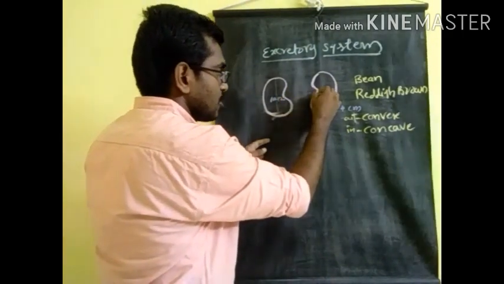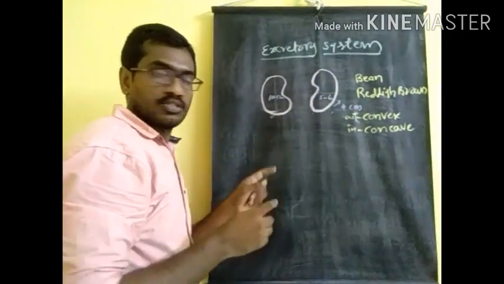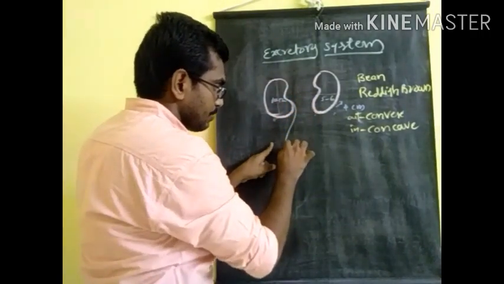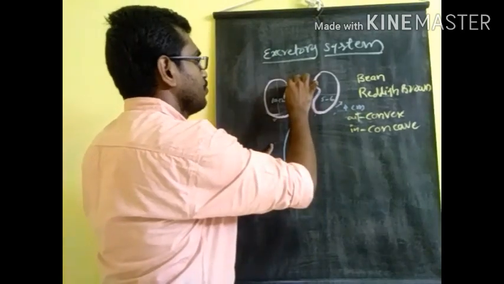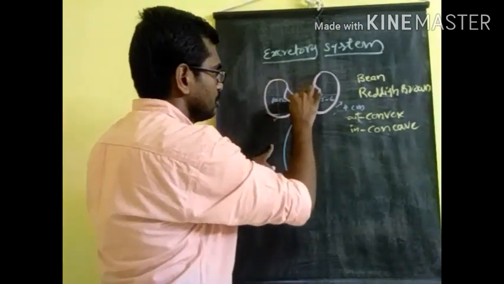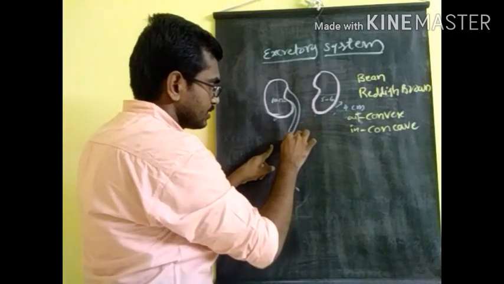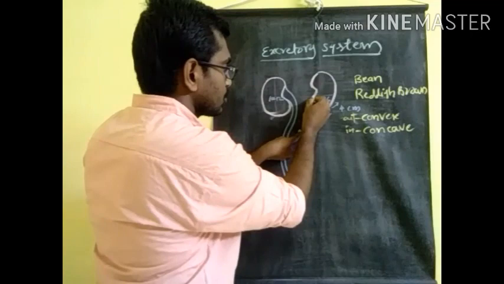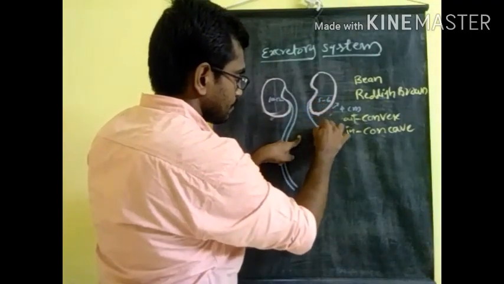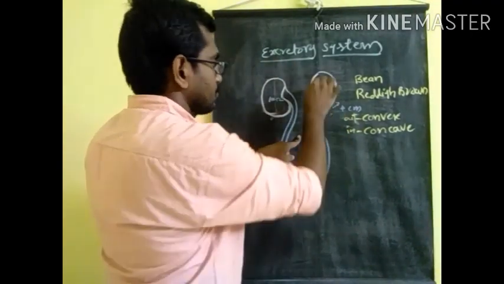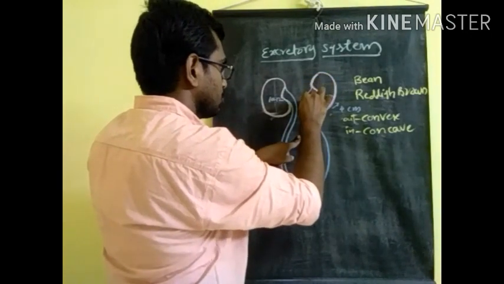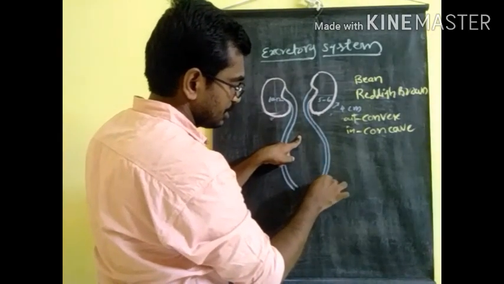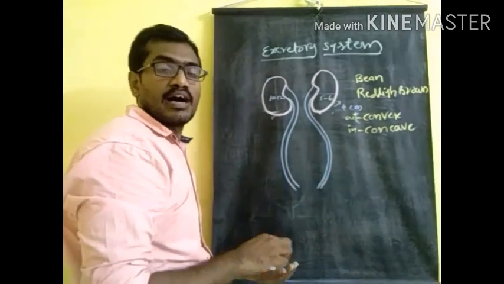From each notch, a tubular structure arises and moves down. This tubular structure we call a ureter. So from each kidney, one ureter arises.